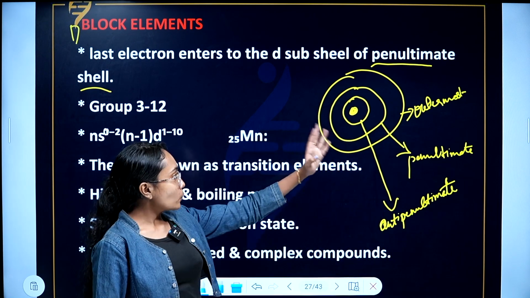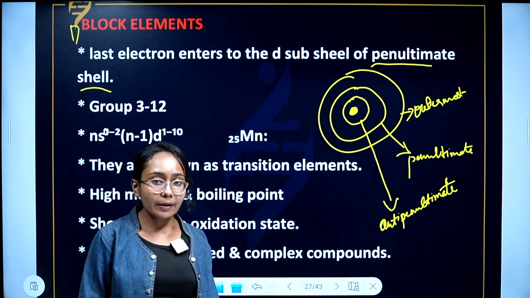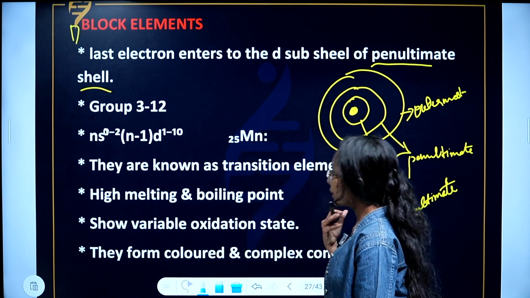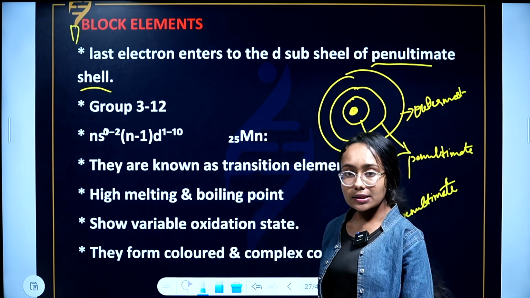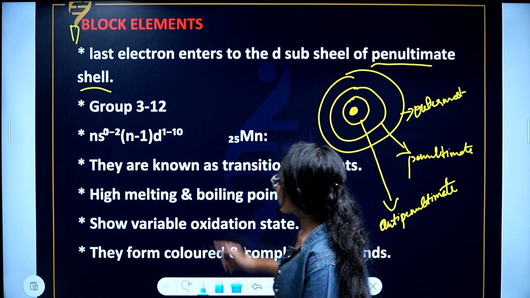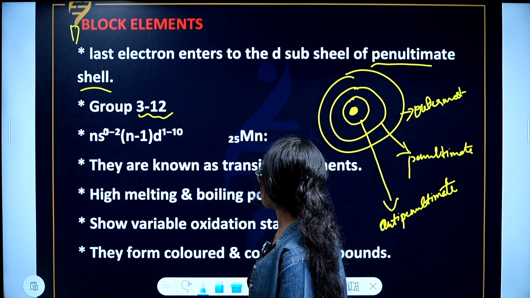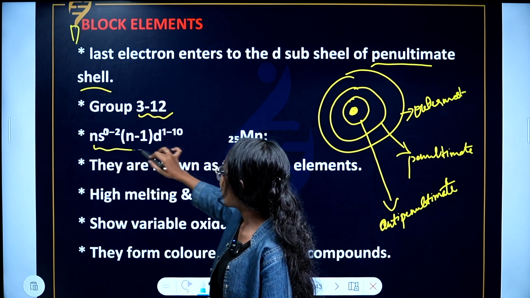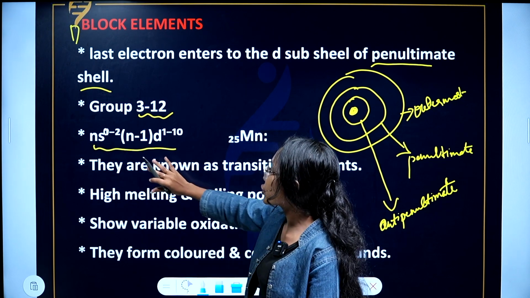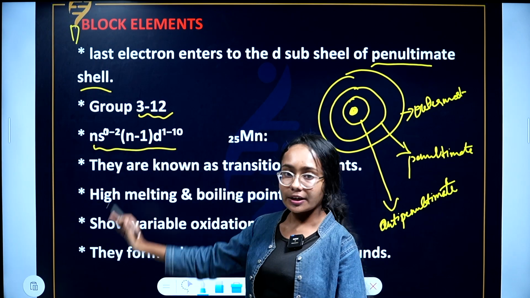Clear? Outermost, penultimate and anti-penultimate subshell. In d block elements, the last electron enters the penultimate subshell, and groups 3 to 12 are part of the d block. The outermost shell electronic configuration is ns0 to 2, (n-1)d1 to 10.